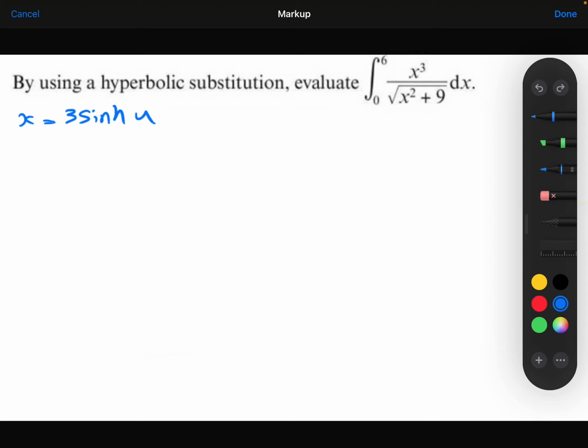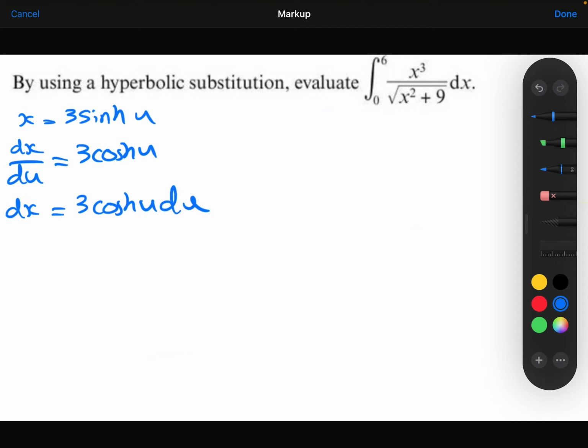dx by du is equal to 3 cosh u. So dx is equal to 3 cosh u du. So I'm going to replace this dx with that. The other thing I need to think about here is the limits.